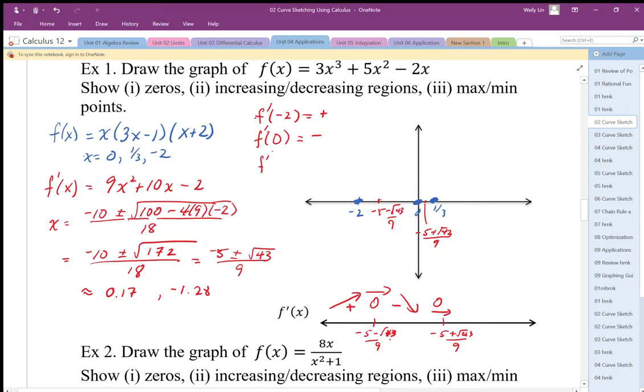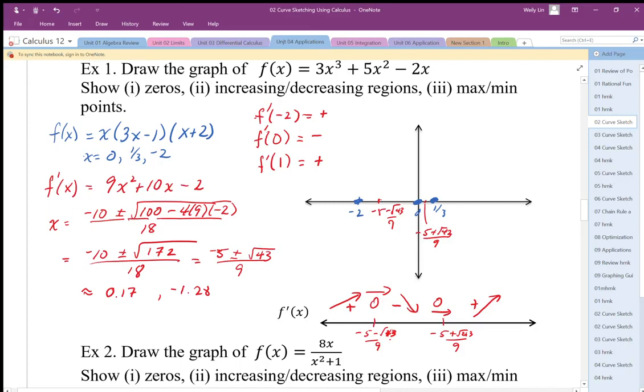I'll test one more coordinate. I kind of know that's going up, but I'm just going to test one more. Let's test one at 1. I plug in 1. I'm going to get 9 plus 10 minus 2. Well, that's positive. Okay, so I know that's going to be positive slope. So I'm just plugging these x coordinates into this slope equation to get this slope chart here.